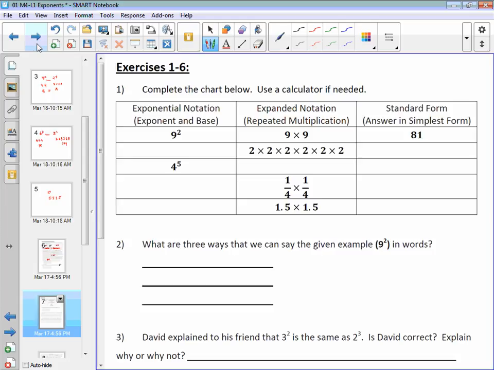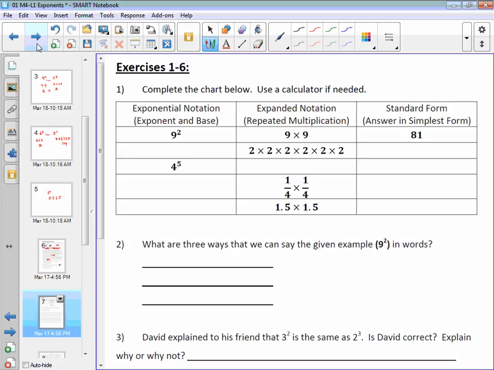All right, next example. They give you the expanded form. What is that in exponential form? Julian? Well, what's the base? Take it back.